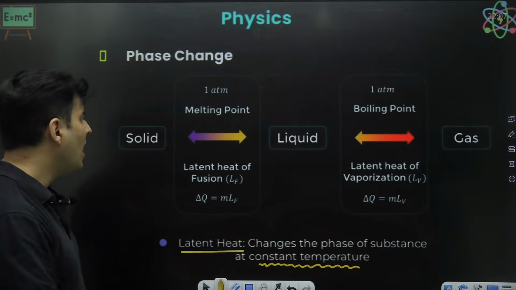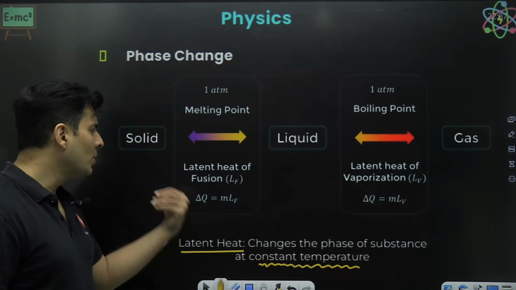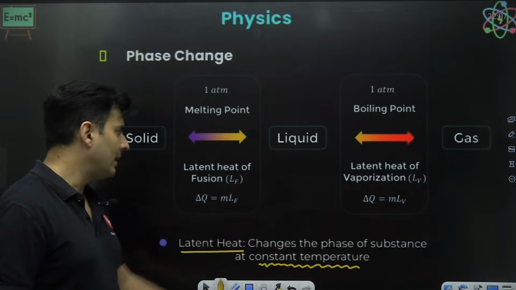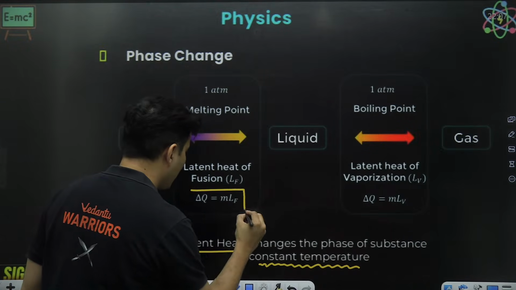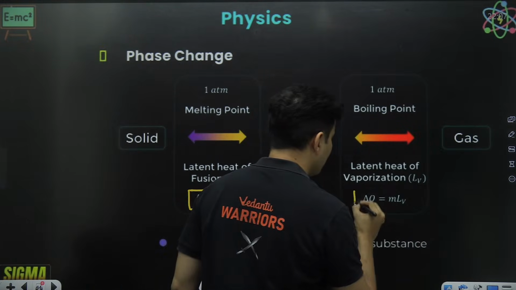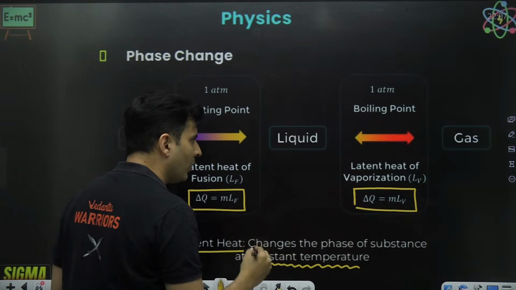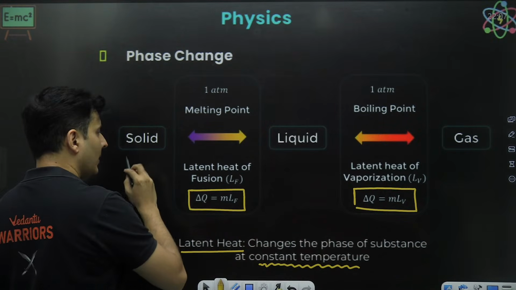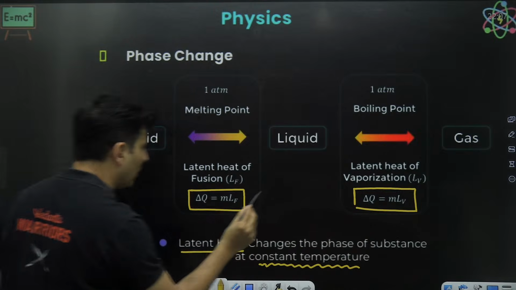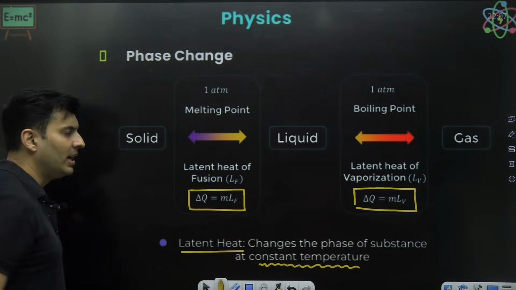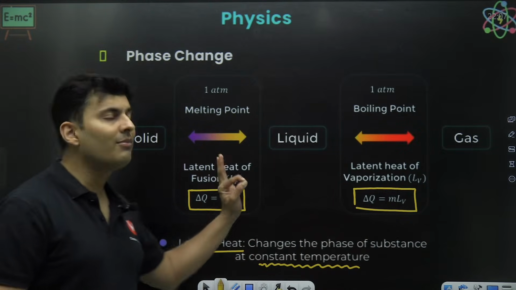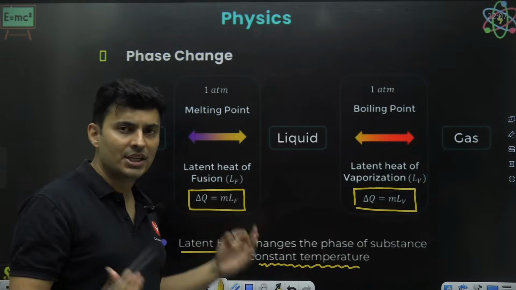Temperature does not change, isothermal process. And that Q is M into L, whether it is vaporization or condensation at boiling point, or it is liquefaction or solidification at melting point. It's the same formula, M into L, but L will change.